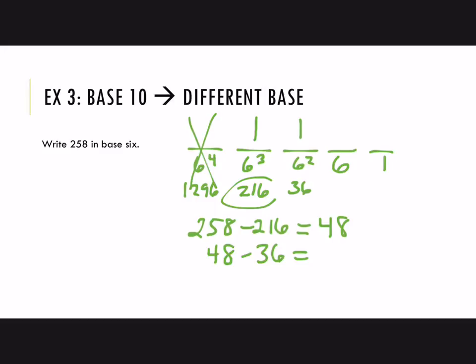Oh, I'm sorry. I have a subtraction error here. Let me back up. This is a 42. Okay. So still enough to make one group of 36, and then subtracting leaves 6. Okay, so that's enough to make one group of 6. 6 minus 6 is 0, so that leaves 0 left over for the ones place.